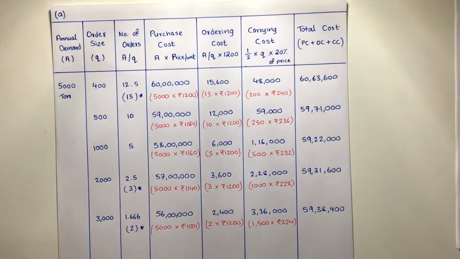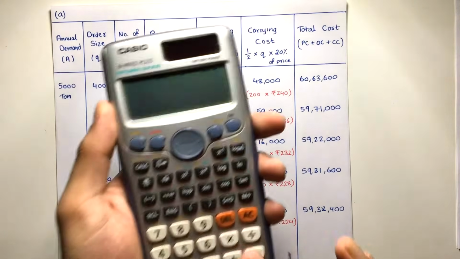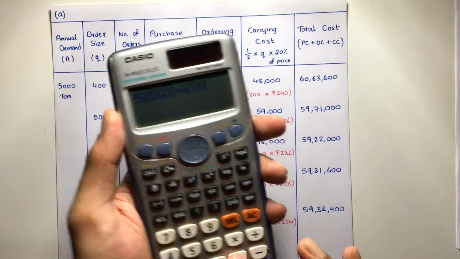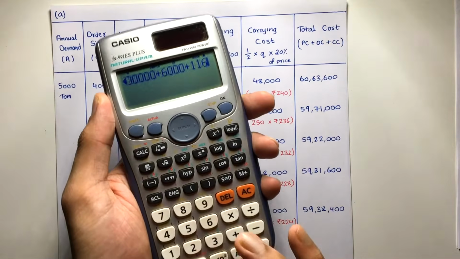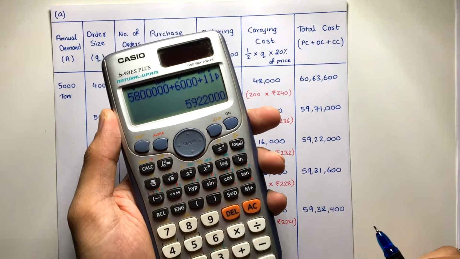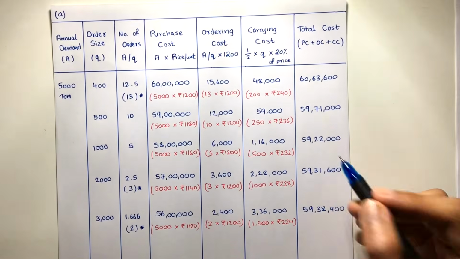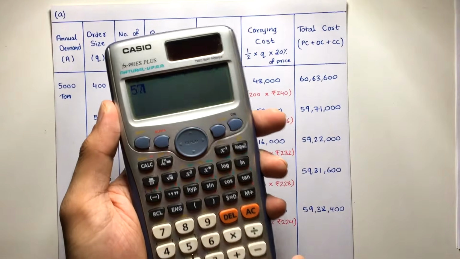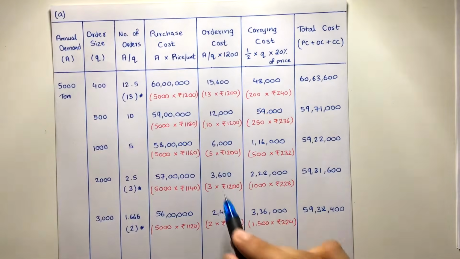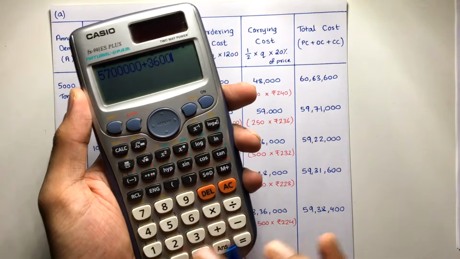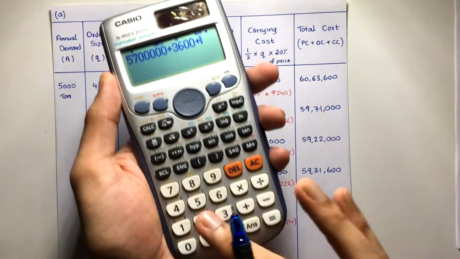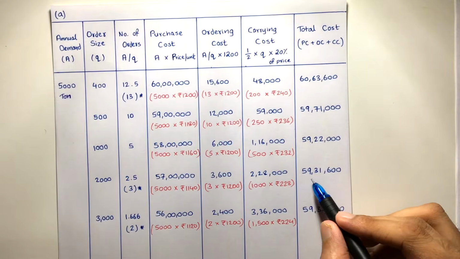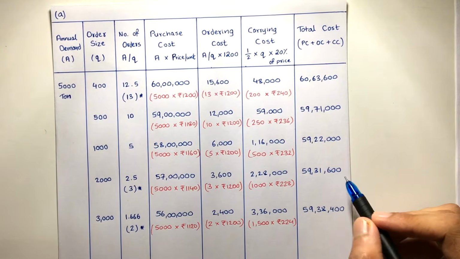Is it clear? And then 58 lakhs plus 6,000 plus 1,16,000, that's equal to 59 lakhs 22,000. And then for the fourth level, 57 lakhs plus 3,600 plus 2,28,000, that's equal to 59 lakhs 31,600.